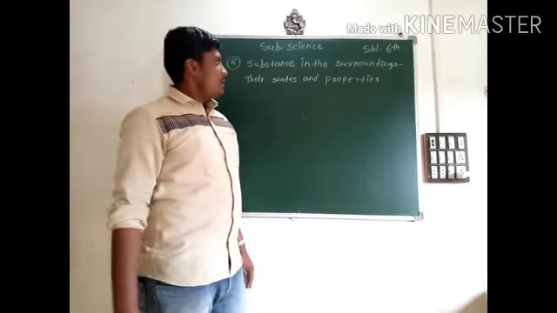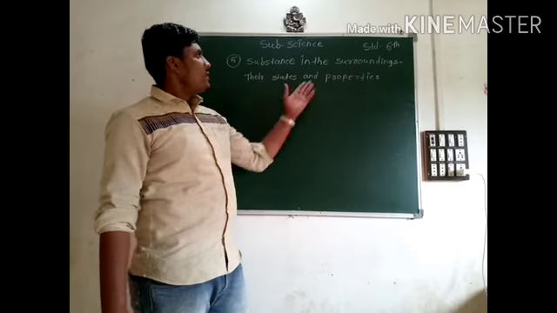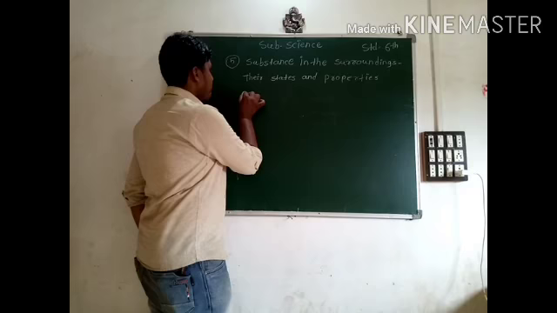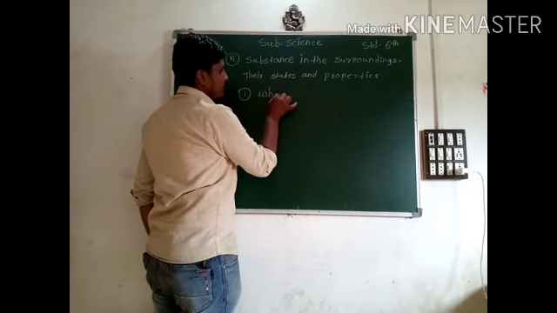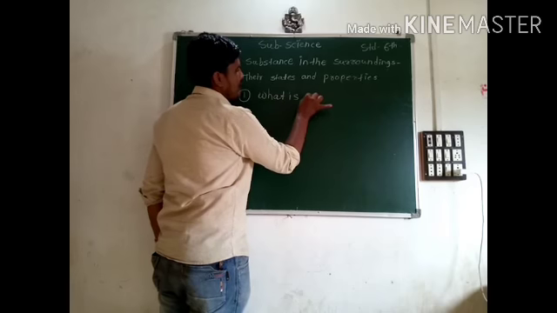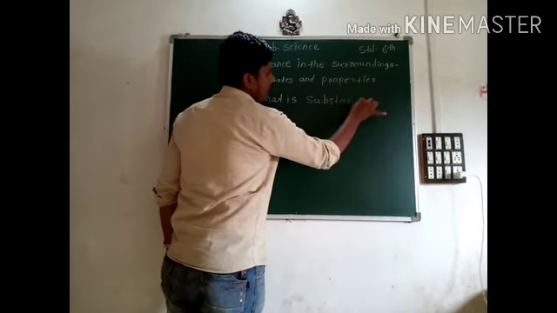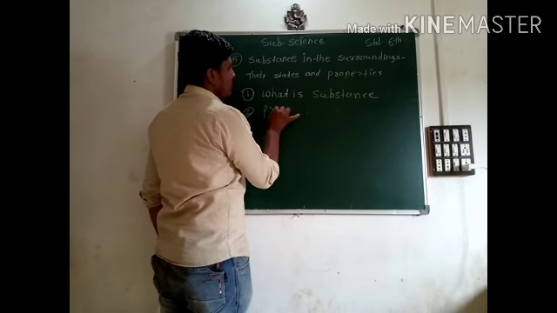In the previous lecture, I explained the substance in the surroundings, their state and properties. First point: what is meant by substance? What is substance? Next point: properties of substance.